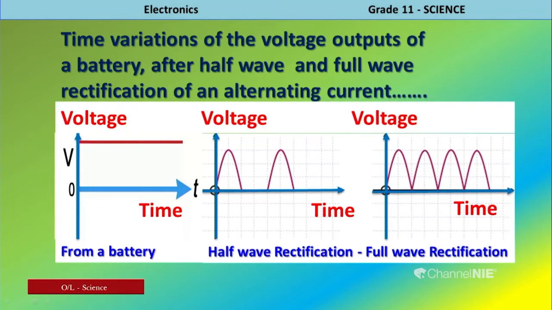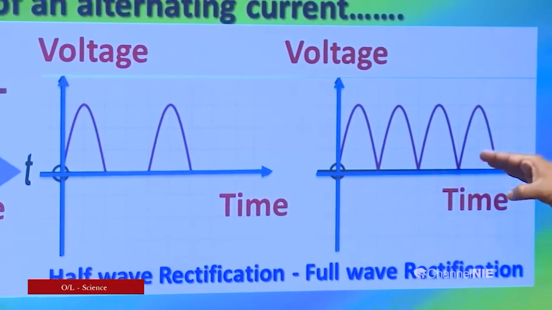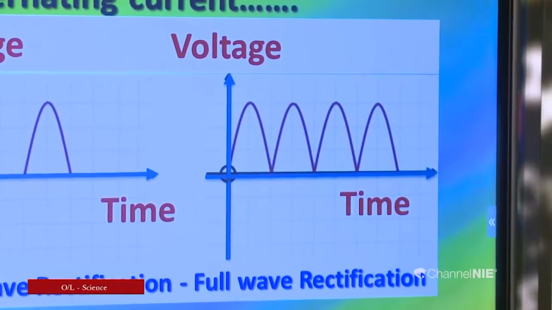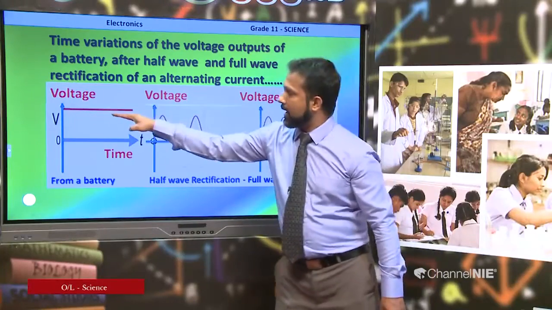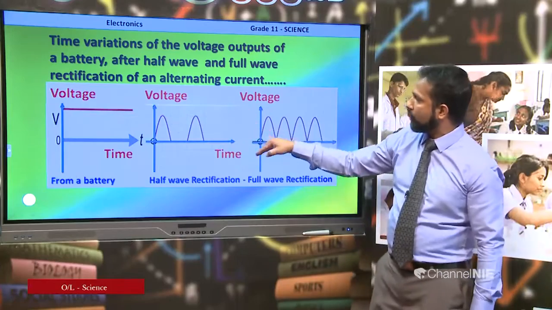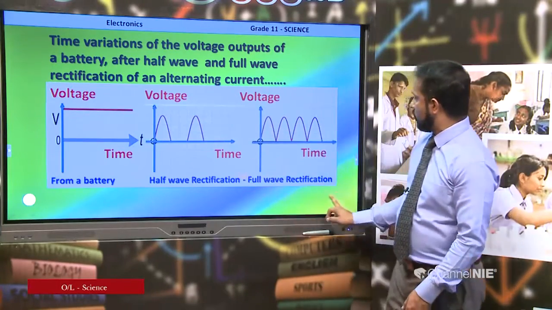This is the variation of voltage of the current with time obtained from the half wave rectification. This shows the full wave rectified current. But you can see this is a straight line, smooth flow of current. Here there is no smooth flow of current. There is a variation between 0 and maximum value.